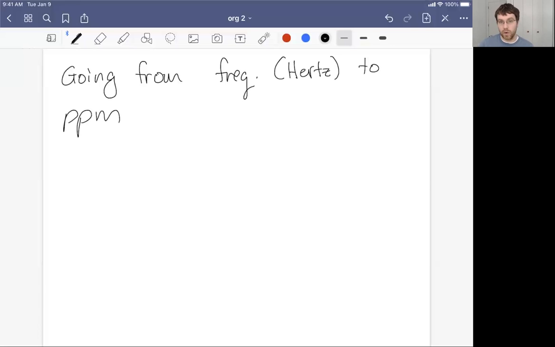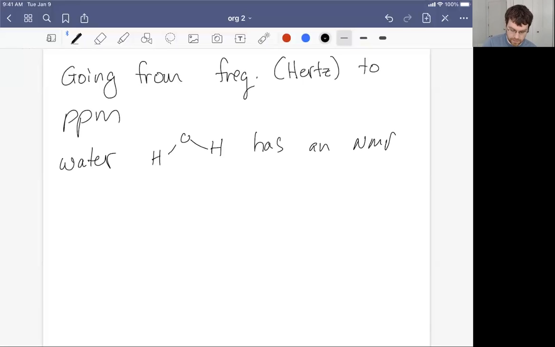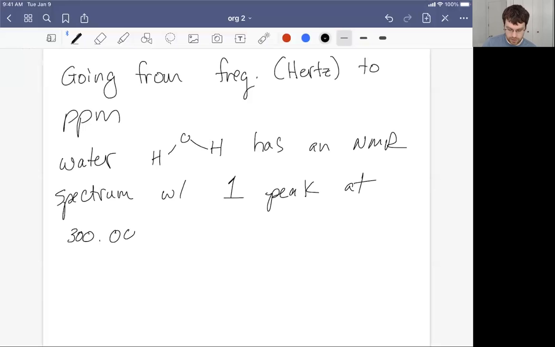So let's look at water, for example. So water, which is H2O, has an NMR spectrum with one peak at 300.0000456 megahertz.